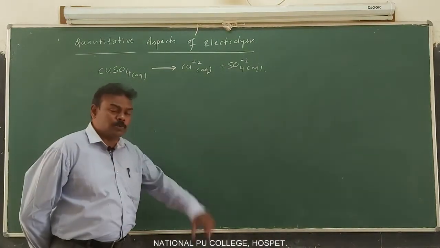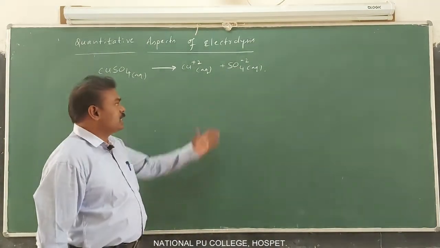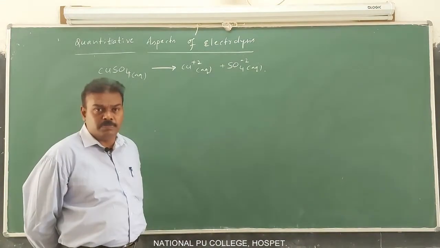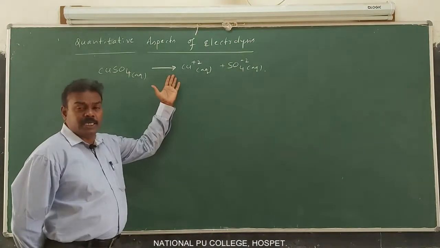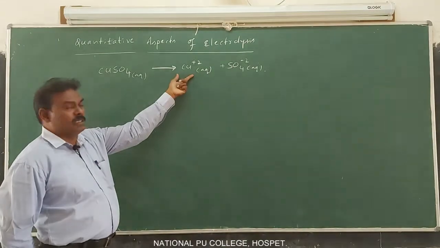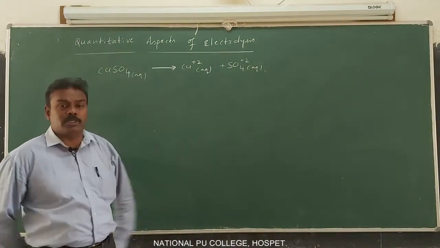The anode is positive, so the sulfate ion is moving towards the anode, and the cathode is negative, so the cation, Cu+2 ion, is moving towards that electrode.